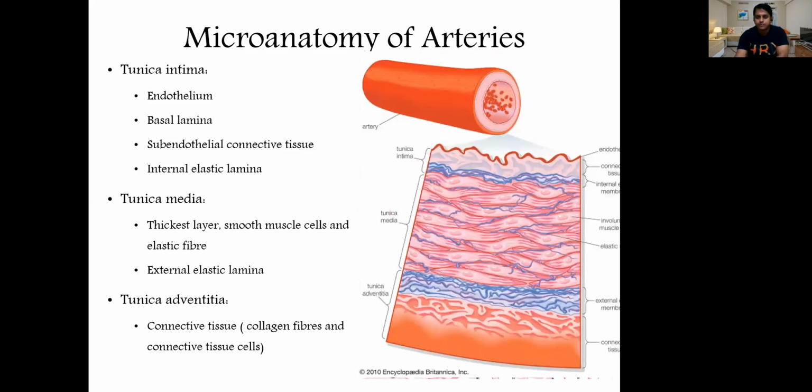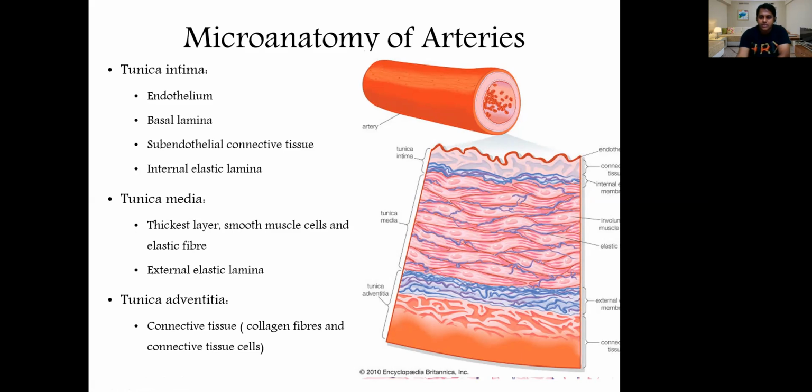So in this picture, you can see this is the artery and this is the cut section showing its features. The first layer, as I said, is the endothelium, and beneath the endothelium lies the subendothelial connective tissue. Subendothelial connective tissue is again a connective tissue which has collagen bundles, elastic fibers, smooth muscles, and macrophages or fibroblasts.